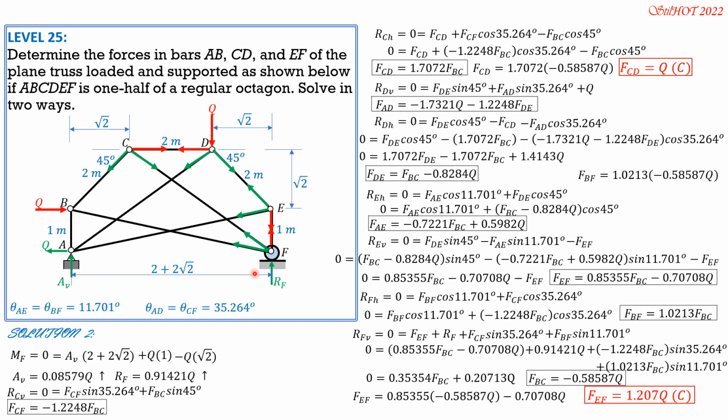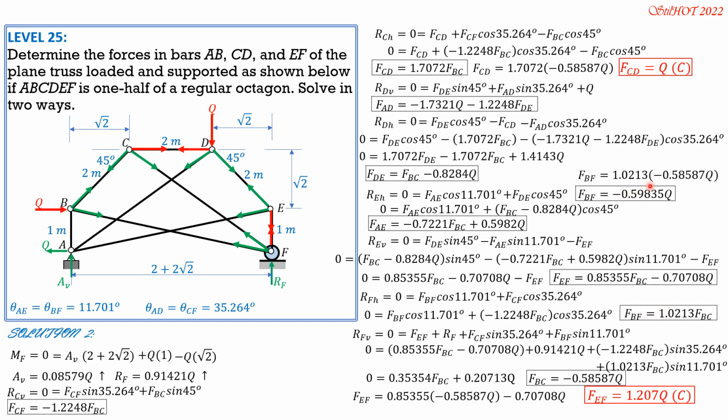Then finally, FAB. So it's still unknown. So we need this force FBF, so that when we transfer there, we can sum up forces vertical, we can solve for FAB. So FBF is 1.0213 of FBC. Let's put that here.